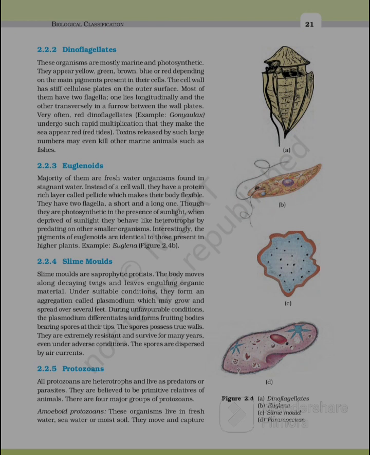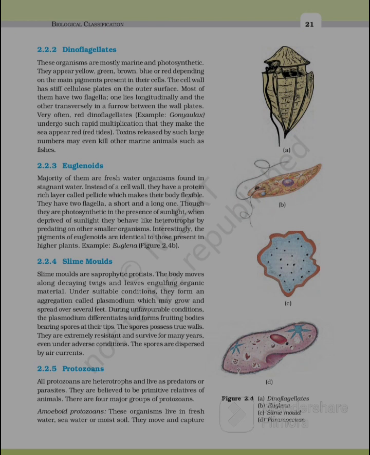Topic 2.2.5 Protozoans. All protozoans are heterotrophs and live as predators or parasites. They are believed to be primitive relatives of animals. There are four major groups of protozoans. Number 1, amoeboid protozoans.